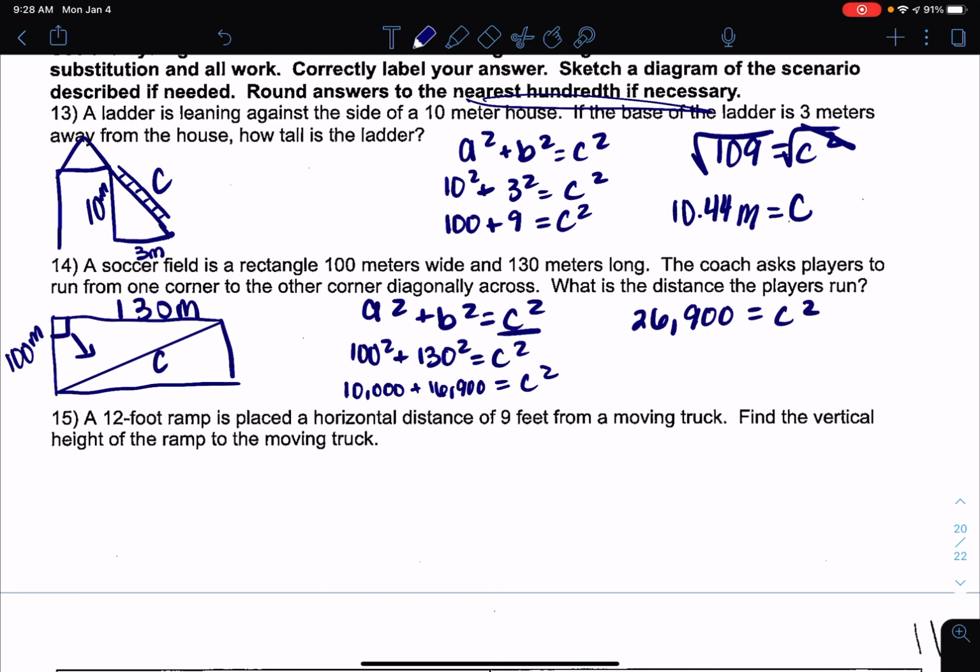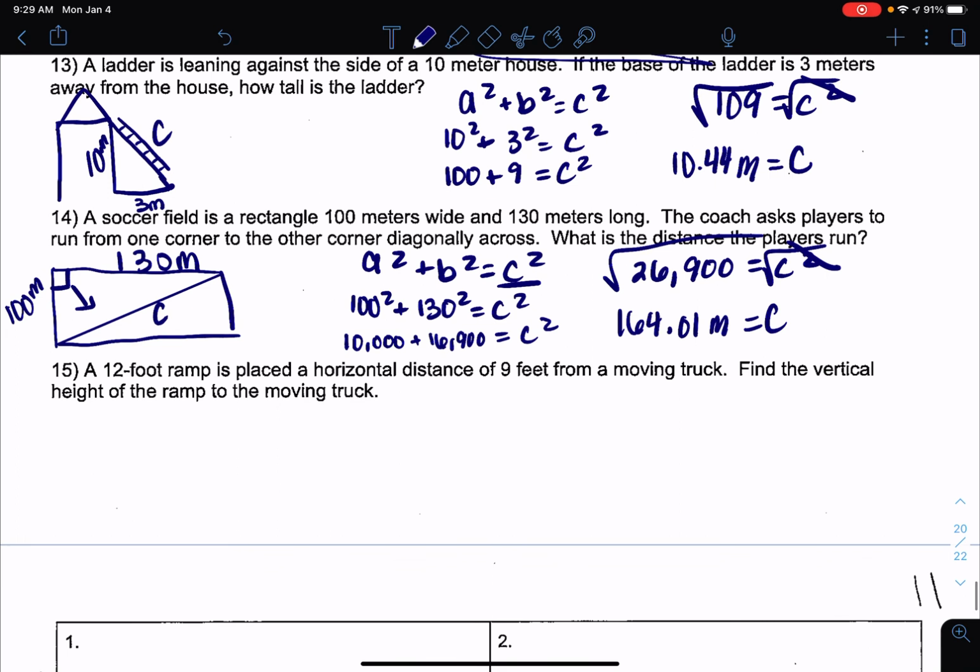Okay, and c is not by itself, so my last step is square rooting on both sides. So the square root of 26,900 is going to equal 164.01 meters. Once again, we're rounding to the nearest hundredths.